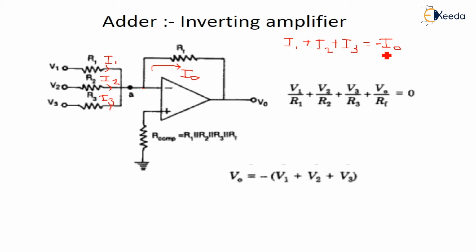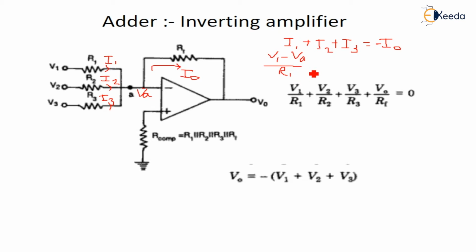This I1 flows due to the difference between the two voltage terminals. For example, I say the voltage at this node is VA. So can I say that V1 minus VA divided by R1? Yes, this I1 comes with V1 minus VA divided by R1.